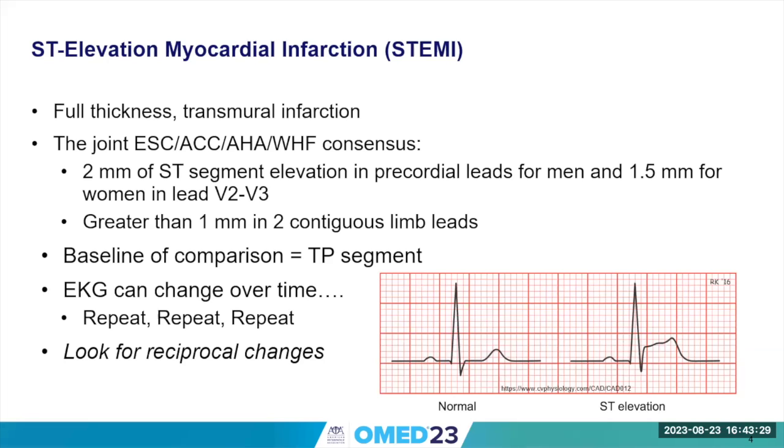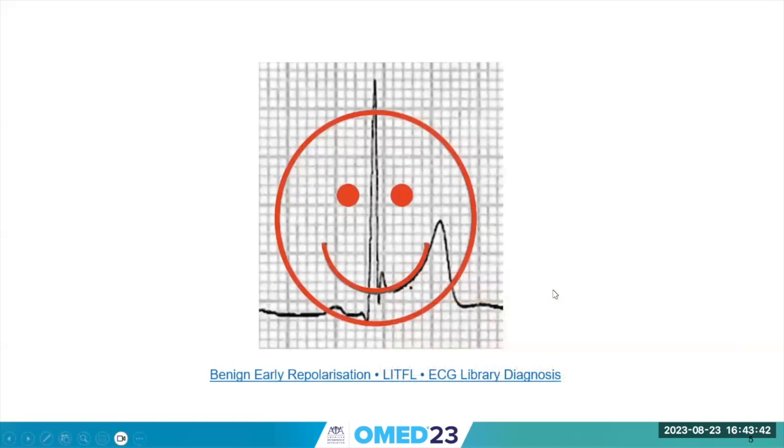Remember that in a STEMI it's very important to look for those reciprocal changes, because there are other items that will have ST elevation that may not actually show those reciprocal changes, thus clueing you in that it is in fact a STEMI. Other things that can cause that ST elevation, such as benign early repolarization, I want you to be aware here, we're comparing to the TP segment, right?